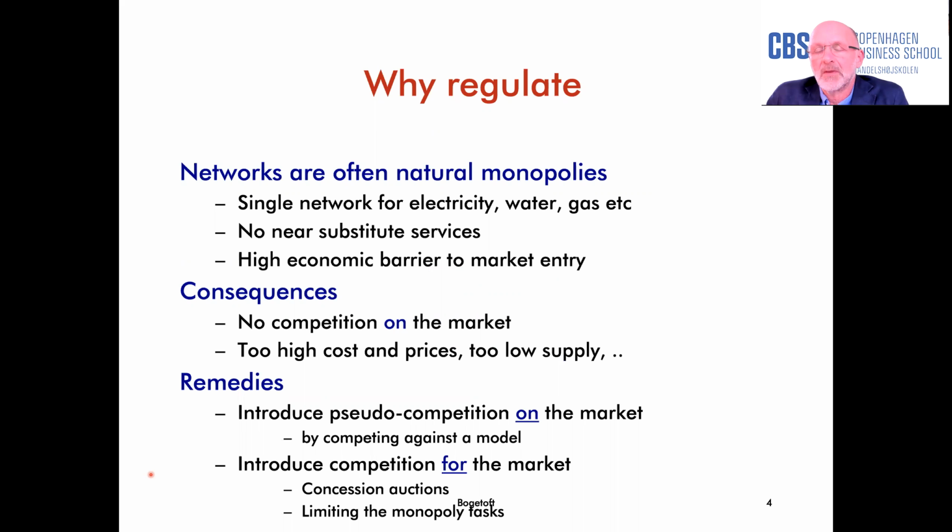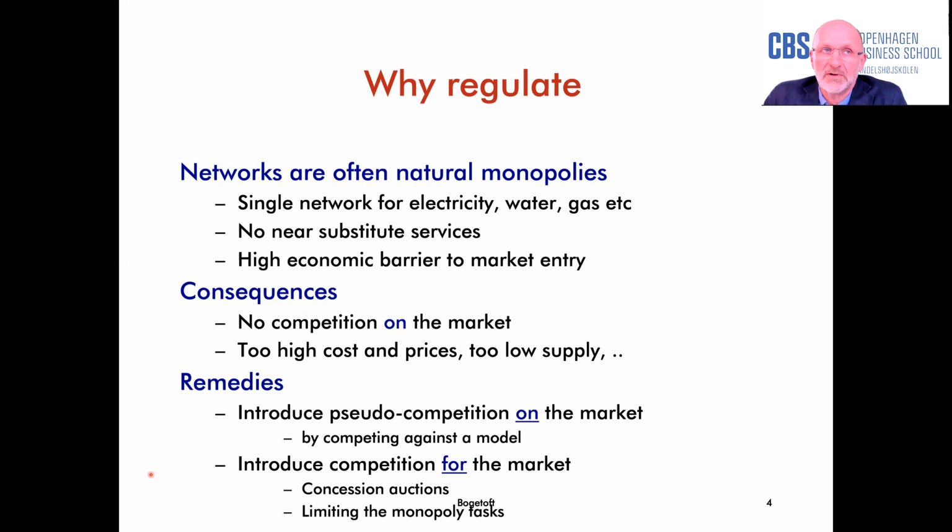If you have a natural monopoly, like a water network, an electricity network, a gas network, or something like that, they are natural monopolies. It will make little sense to have 2 parallel electrical network systems running. The other issue is that there are no near substitute services. Electricity is hard to substitute.